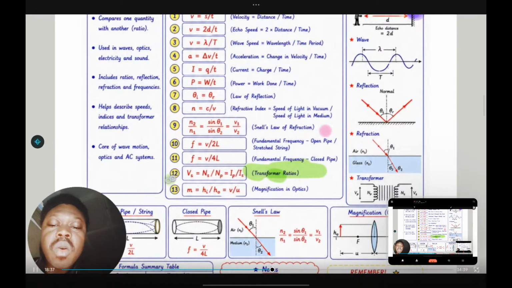Then for transformers, we have voltage in the secondary over voltage in the primary equals number of turns in the secondary divided by number of turns in the primary, which equals current in the primary divided by current in the secondary. You can see it's still the same particular shape. Look at the transformer here. Look at how it is structured.